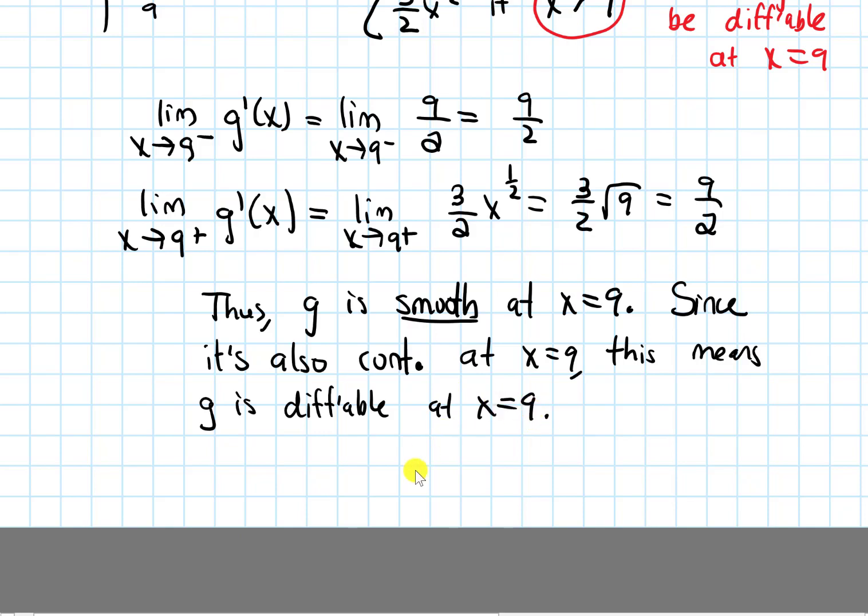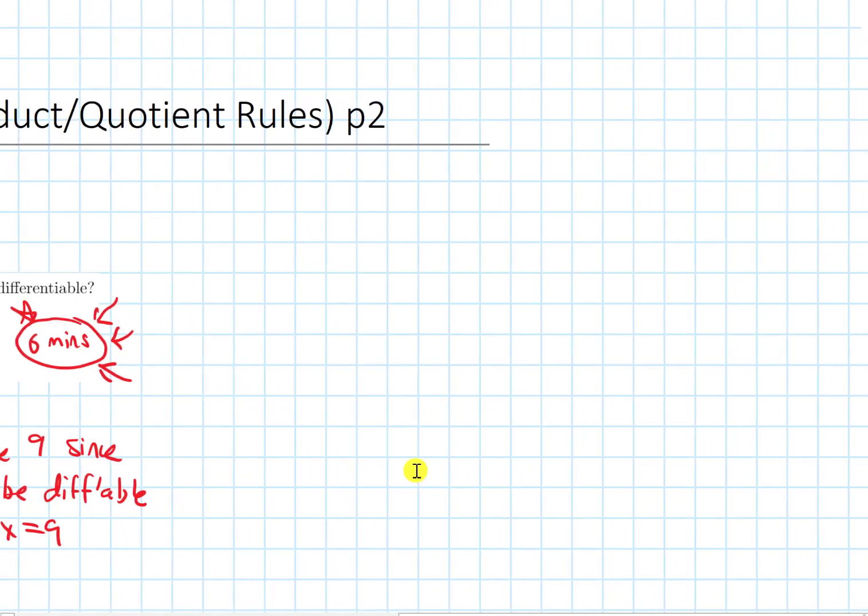So we're ready for our conclusion. So we can say where it's differentiable overall, g, my function, is differentiable. The only place we needed to worry about was 9, and now we know it is differentiable at 9. So it is differentiable for all x.